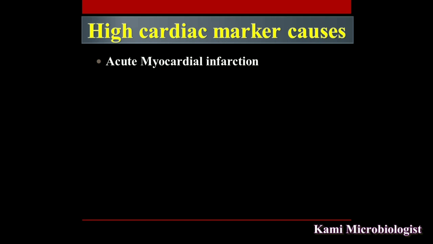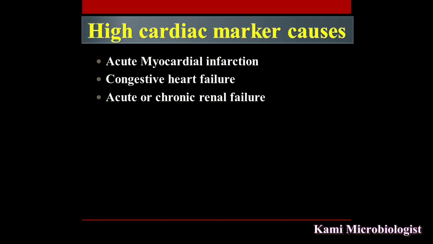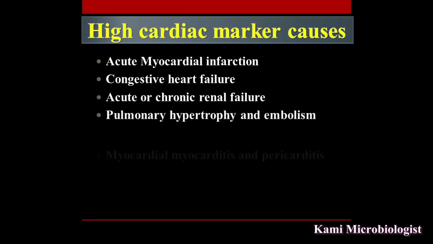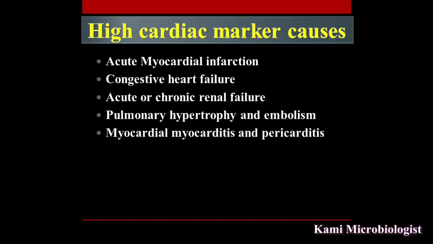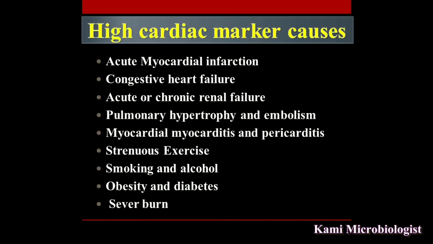It is due to acute myocardial infarction, congestive heart failure or heart failure, heart attack, acute or chronic renal failure, pulmonary hypertension and embolisms, myocarditis and pericarditis, strenuous exercise, smoking and alcohol, obesity and diabetes, severe burns. These are the main conditions through which the cardiac markers get high.